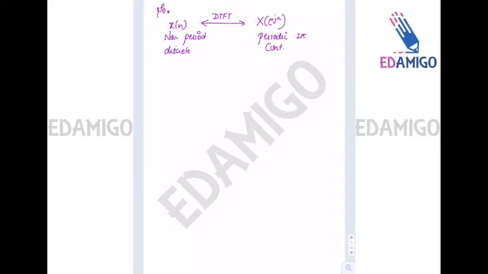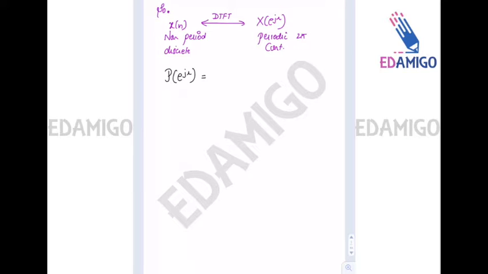So now let us assume that P(e^jσ) is the impulse train that is used for sampling the DTFT of x[n].